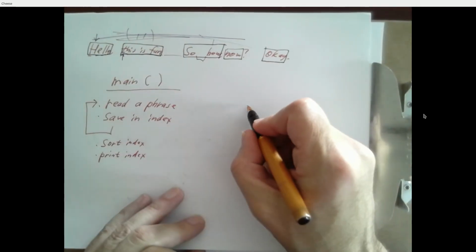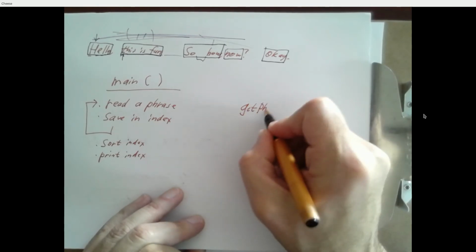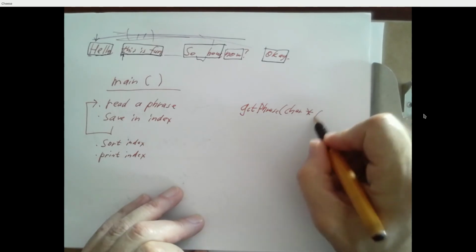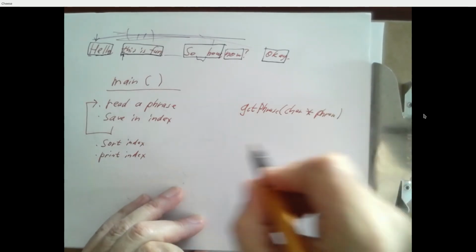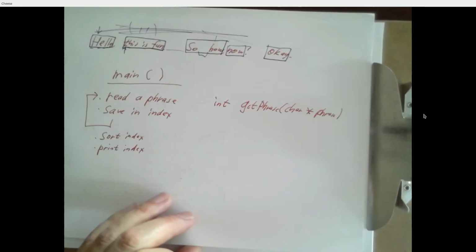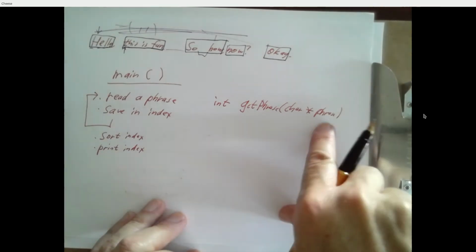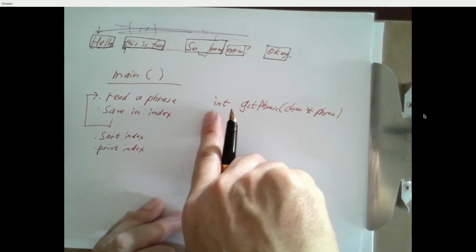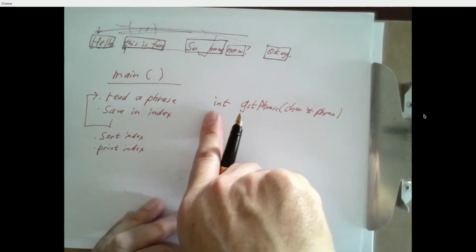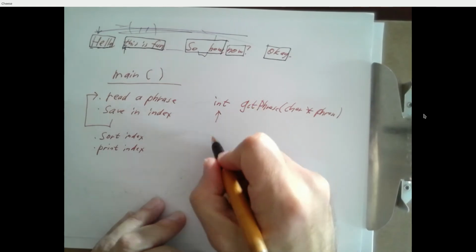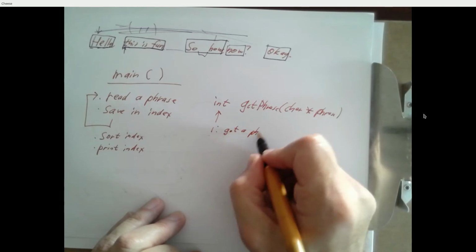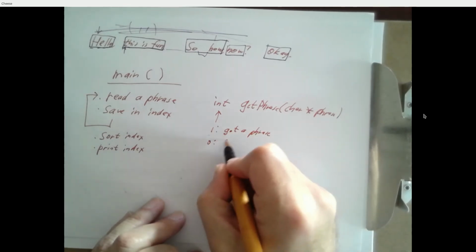And reading a phrase, I don't know, there's different ways you could do this, but you could make something called getPhrase that you pass a character array to, and have getPhrase return an integer telling you if it actually found a phrase or not. And maybe this integer, 1 means you got a phrase, and 0 means you hit the end of the file.